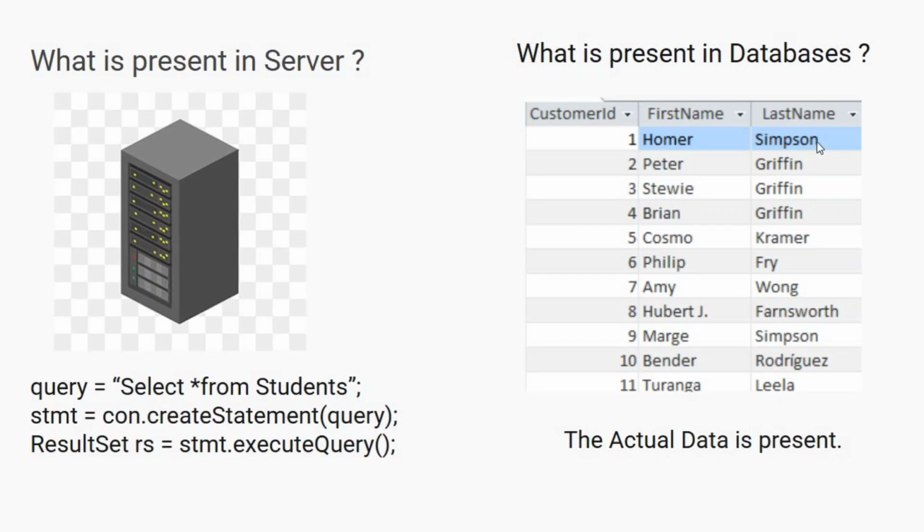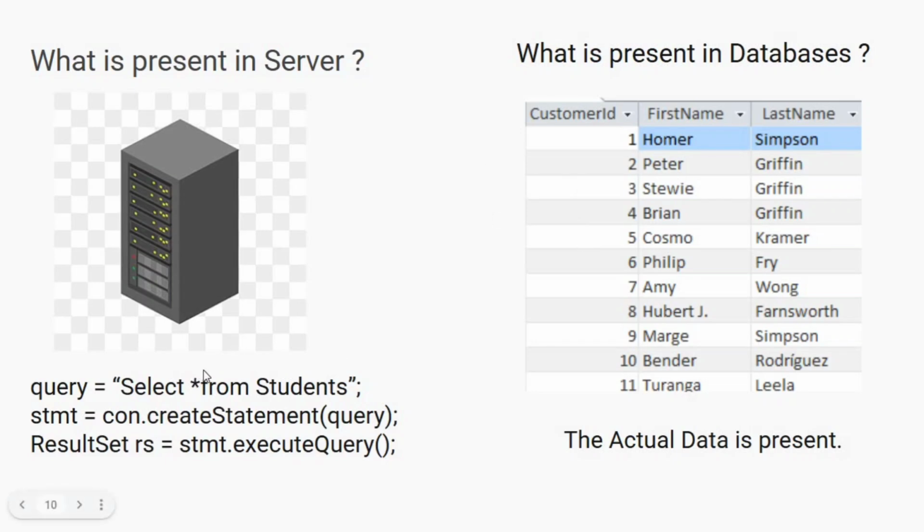The actual data is present in the database. Then what is a server? A server is nothing but the logic. To access the data, we need some interface. So the server contains the programming logic to retrieve and process the requested data by the client.